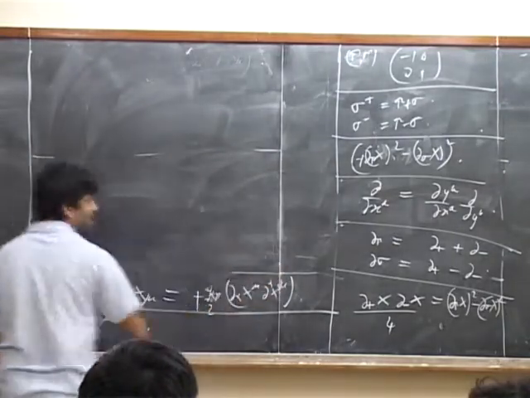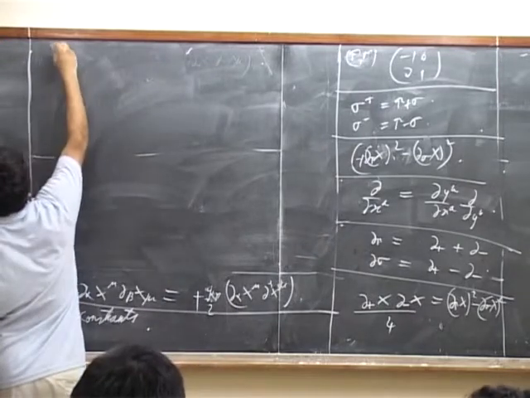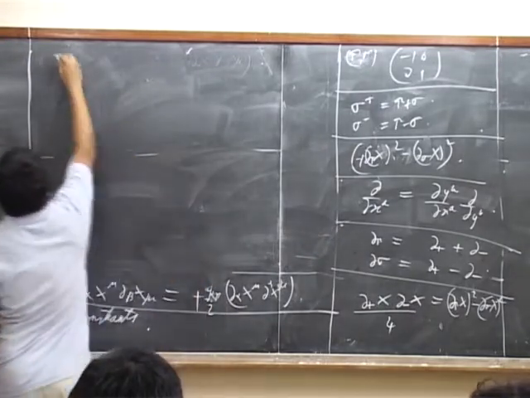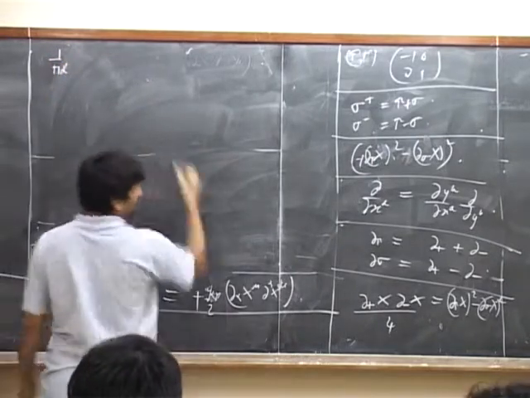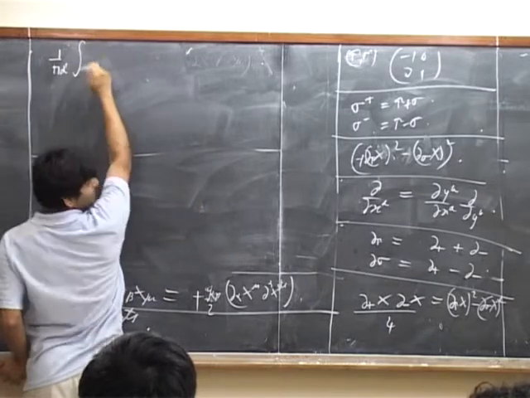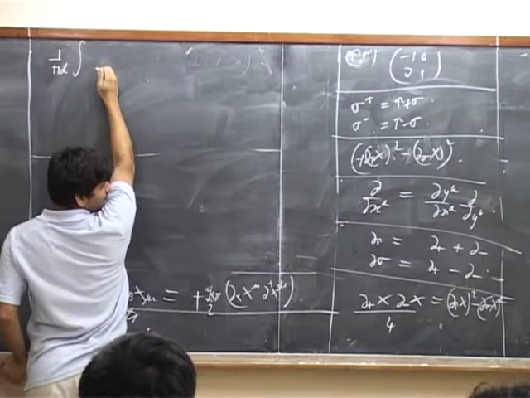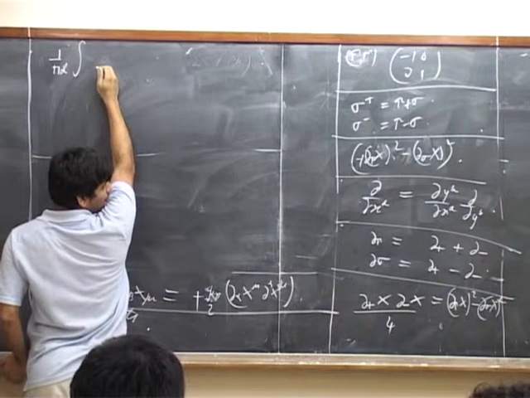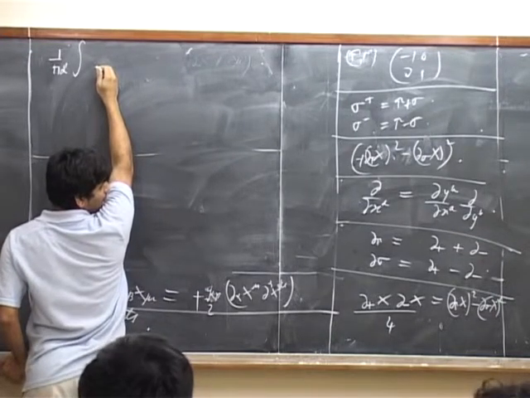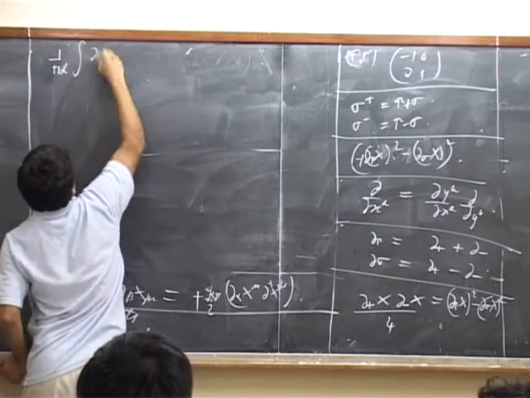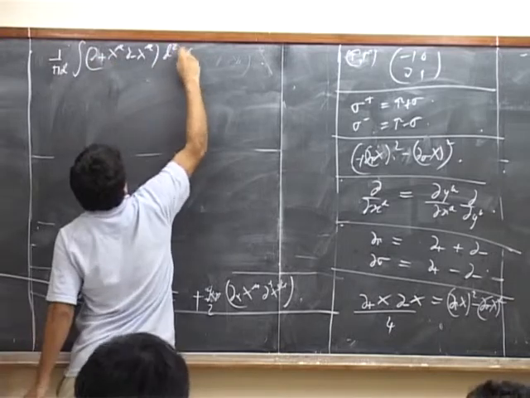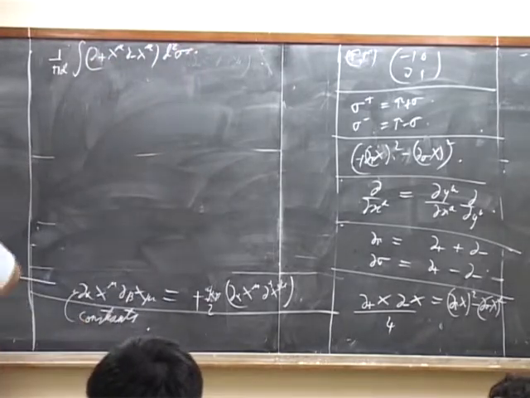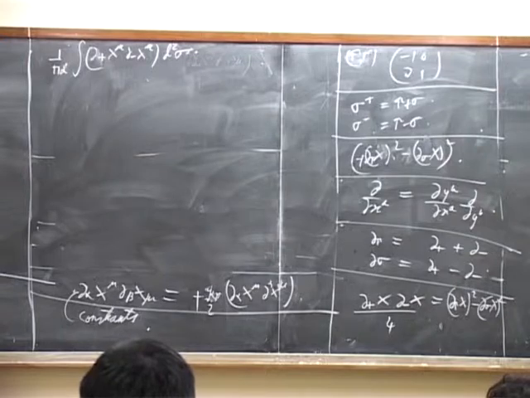Okay, so our action rewritten in terms of plus and minus has the following interesting form: 1 by pi alpha prime, right? The minus we've absorbed, and the 4 I've just cancelled, del plus x mu, del minus x mu. 1 by 4 should be on the other side.